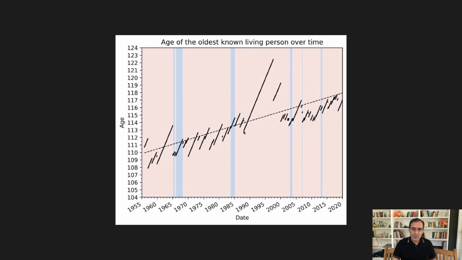Here is one person from 1990 all the way till 2000. She was the longest living person. She lived up to 122 years, and I think she was a French lady. Then when she died, it went down to 117, 5 years younger, and this is how it goes. Here are short stretches where men lived the longest. Again, another beautiful and very clear chart.